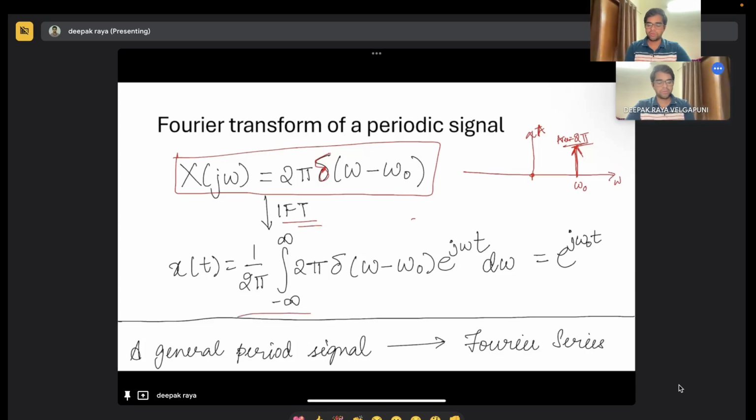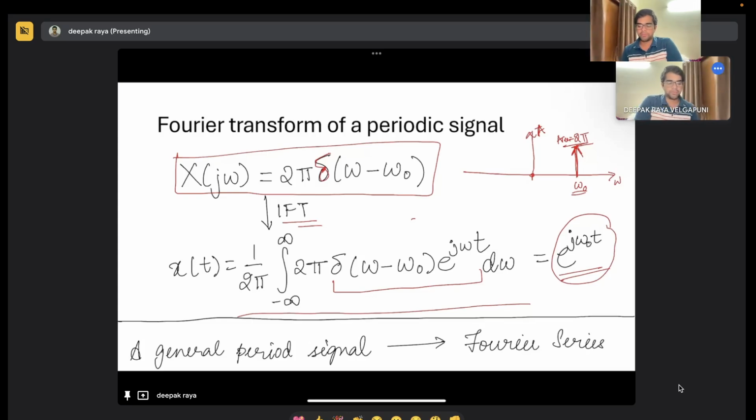As we have seen, when you multiply a Dirac delta with a function, you get Dirac delta times the function value at omega naught, because here the Dirac delta is shifted to omega naught. So when you evaluate this expression, you get a complex exponential e power j omega naught t, which is nothing but our standard canonical periodic signal, the complex exponential periodic signal.